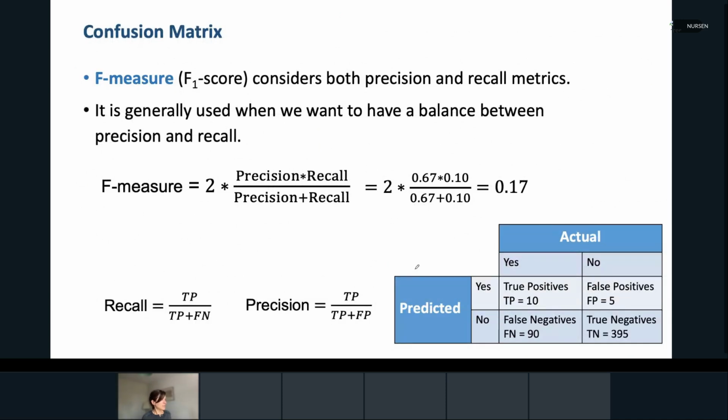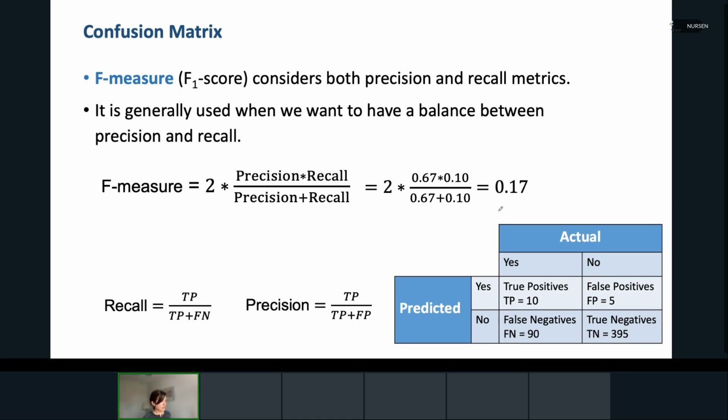So another measure we can use, this is not as interpretable as the previous ones, therefore I leave it to the last slide for the confusion matrix, is the F1 measure or F measure. It can be called the F1 score or F measure. This is the kind of harmonic balance between precision and recall.